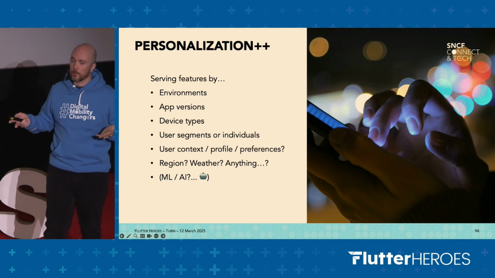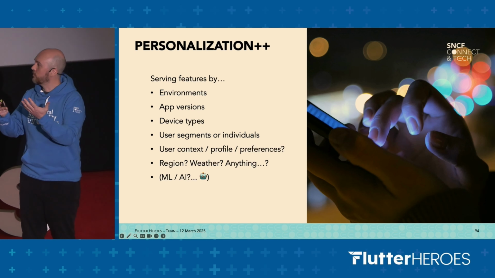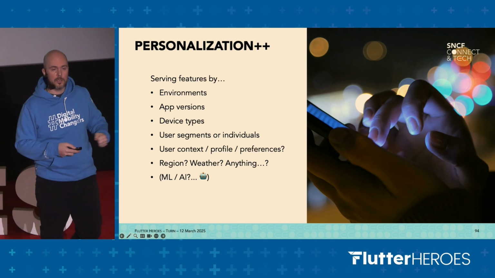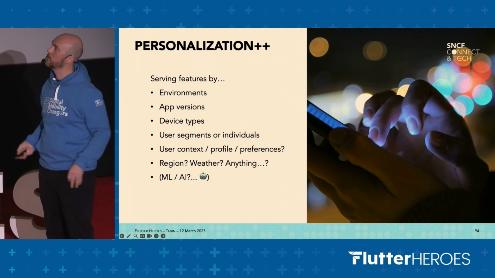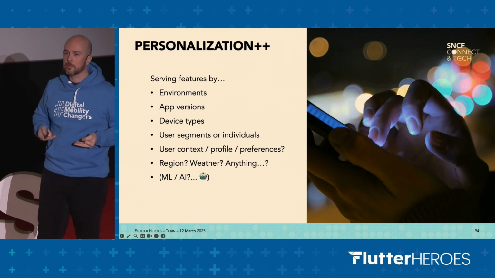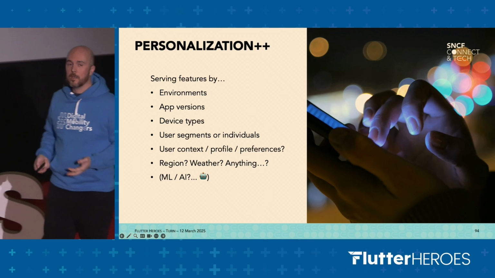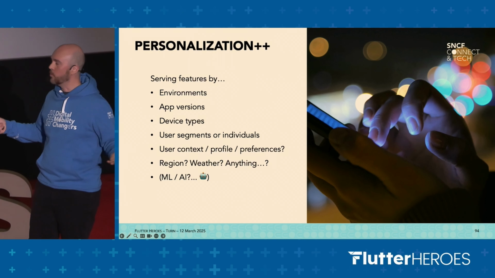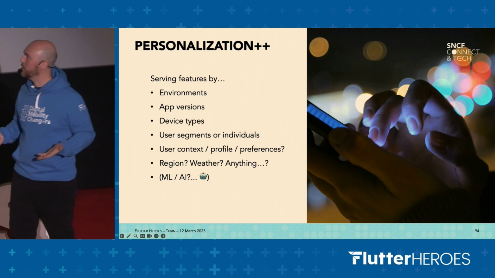We could serve our features for different device types, different user segments, different profiles of user, maybe their own preferences, asking our users to set their preferences, put them into the context, and deciding to give them more features or less features. And why not use the region, the location, the weather, anything. And we've almost finished, and I never pronounced AI. So maybe using AI with all these parameters to decide which features to serve to each user.